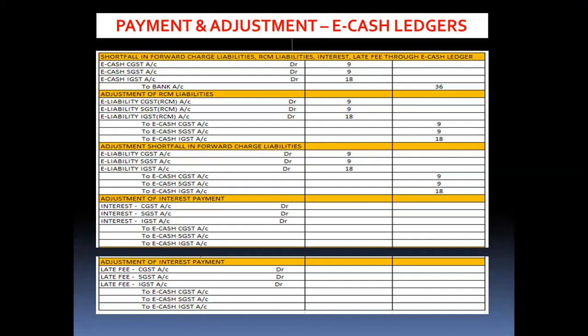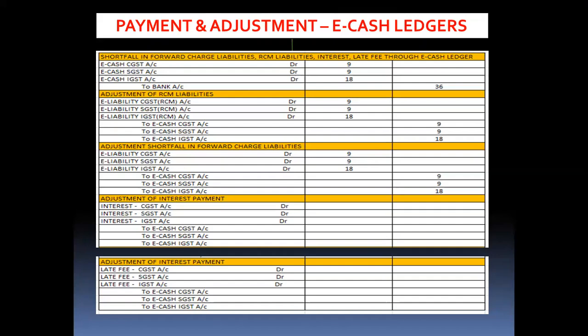Now, entry for adjustment of interest payment with balance in e-cash ledger. The entry would be interest CGST account debtor, interest SGST account debtor, interest IGST account debtor to e-cash CGST account, to e-cash SGST account, to e-cash IGST account.